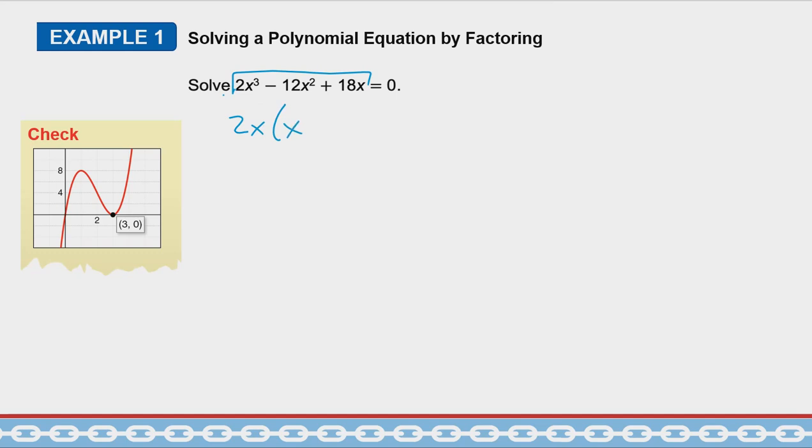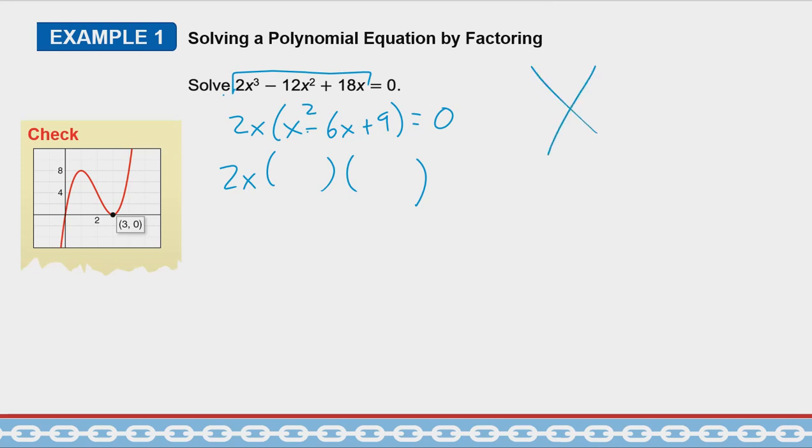So that's going to give me x squared minus 6x plus 9 equals 0. I need to keep working to factor, see if I can factor this x squared minus 6x plus 9.